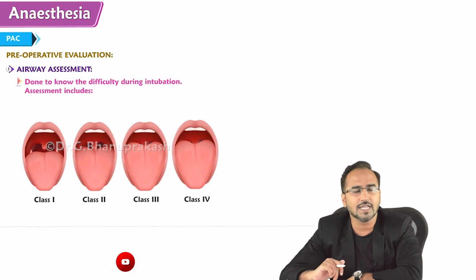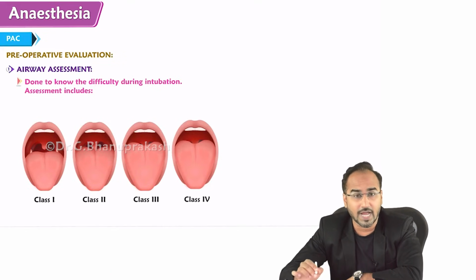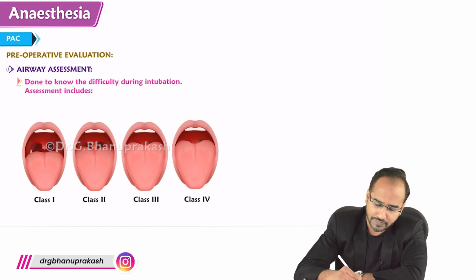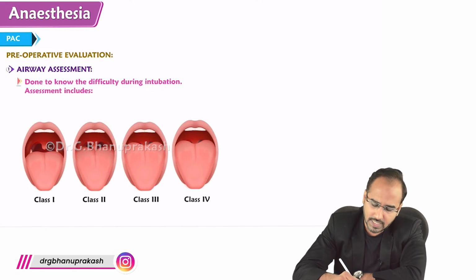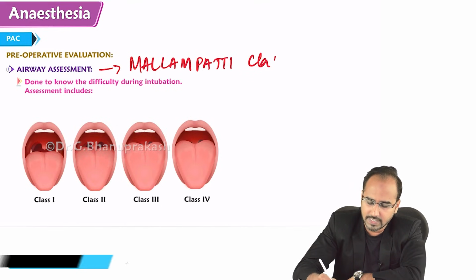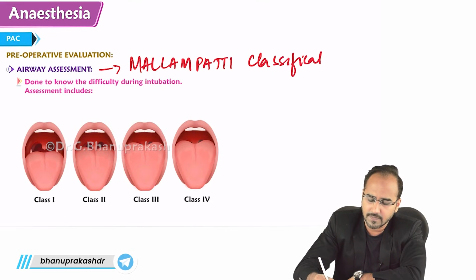So first thing that we tell to the patient is open mouth. While he is opening mouth, you look for a classification. What is this classification called? In the airway assessment, the first classification is called Mallampati classification. We have already discussed what is Mallampati classification.